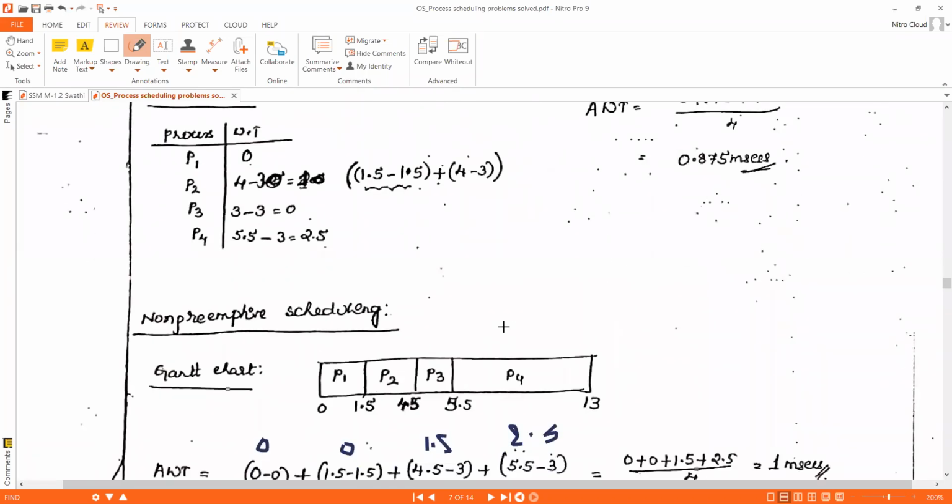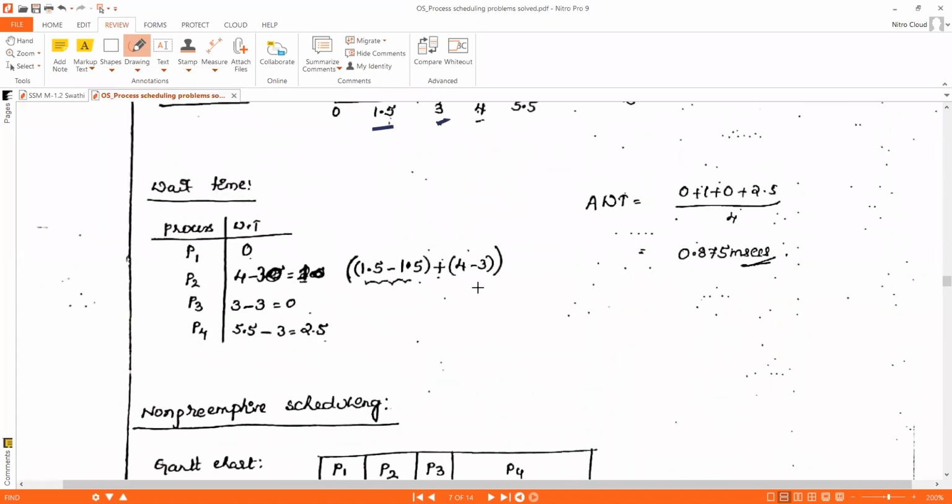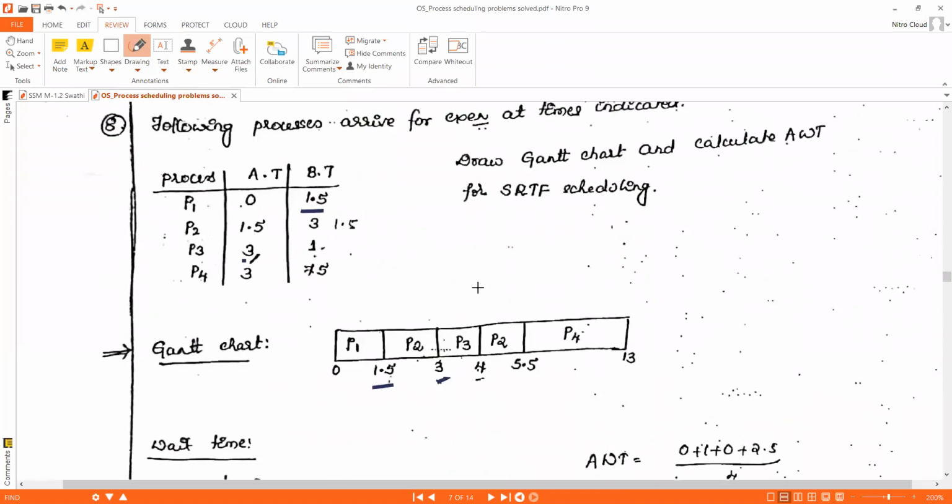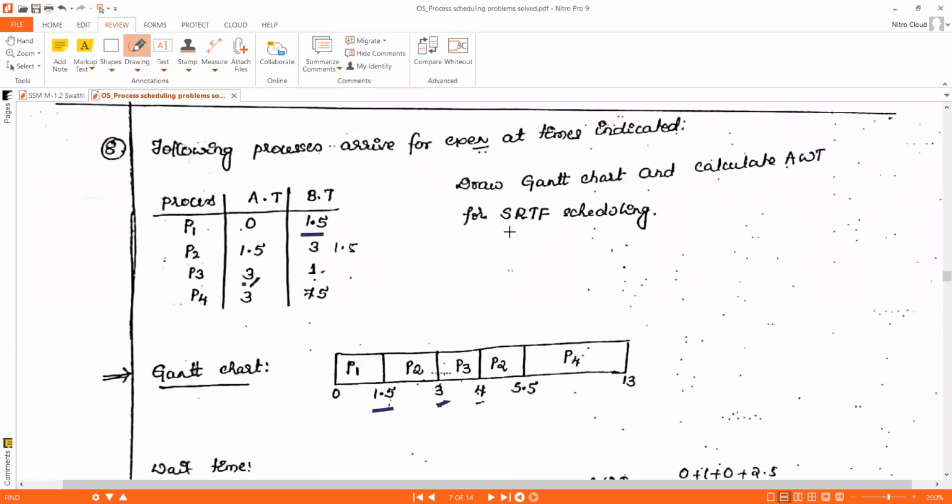So if you use preemptive SJF, we can reduce the average waiting time. Preemptive shortest job first is also called SRTF, the shortest remaining time first scheduling algorithm.